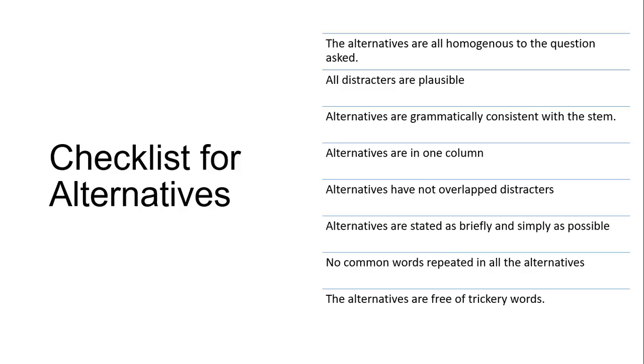So if you write Plasmodium vivax, Plasmodium ovale, Plasmodium malariae, Plasmodium falciparum, you can simply write Plasmodium, colon, A, vivax, B, ovale, C, malariae, D, falciparum.